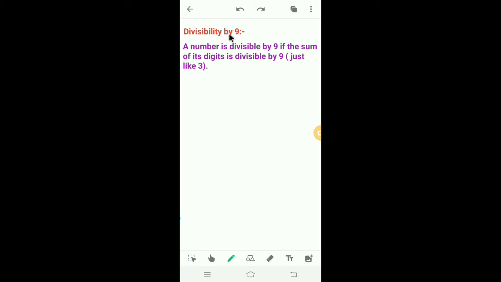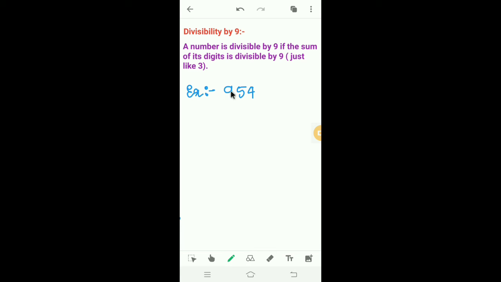Let's learn divisibility by 9. A number is divisible by 9 if the sum of its digits is divisible by 9, just like the divisibility by 3 rule. I'll take one example. 954. What do we have to do?